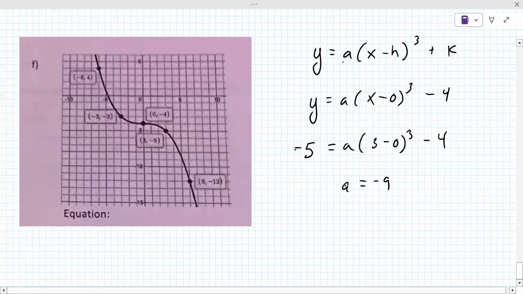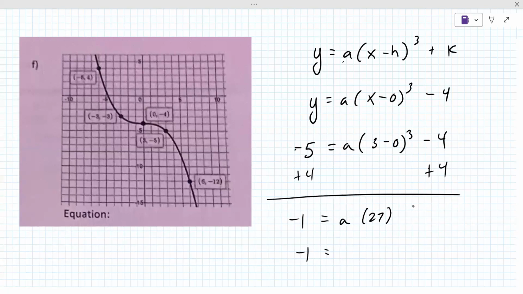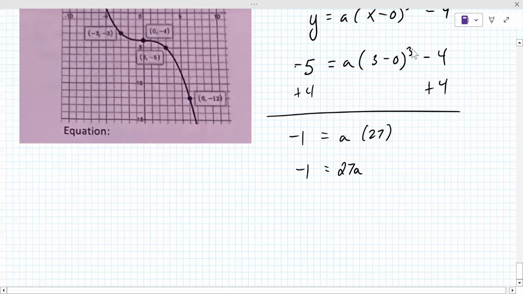Therefore, leaving your final equation to be y equals -9 times (x minus 0) cubed minus 4. I think you made one of these classic mistakes here. We talked about add 4 to both sides. That's -1 equals a times 3 minus 0 cubed, which is 27. 3 to the power of 3, 3 times 3 times 3.